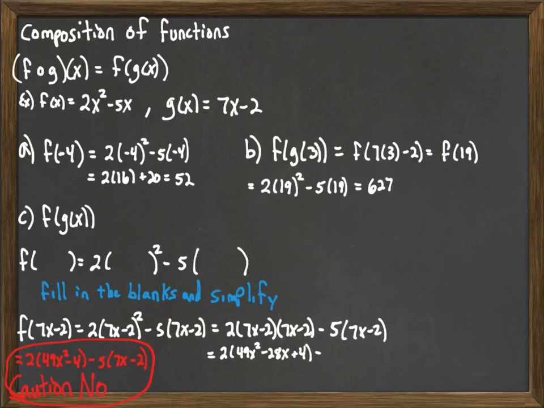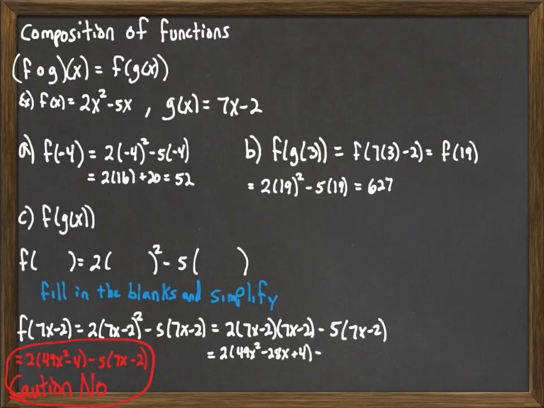So I would do 7x times 7x would be 49x squared. Then I'm going to have a 7x and a minus 2 will be a minus 14. And then another 7x and minus 2 will give us a second minus 14, which will combine to give us minus 28. And then minus 2 times minus 2 is positive 4. Now don't forget we still have to multiply that by 2, which we'll do in a moment.